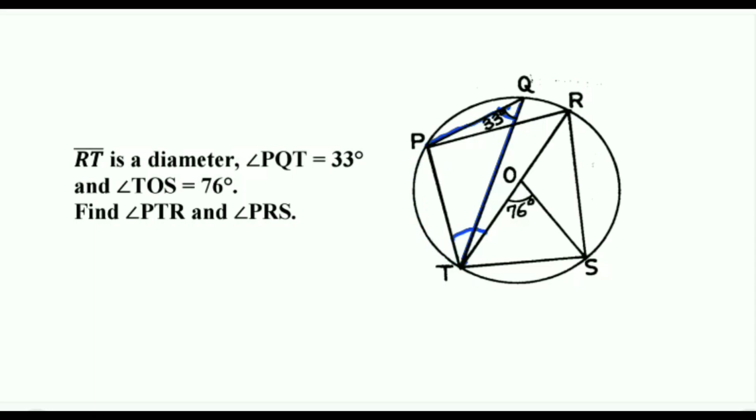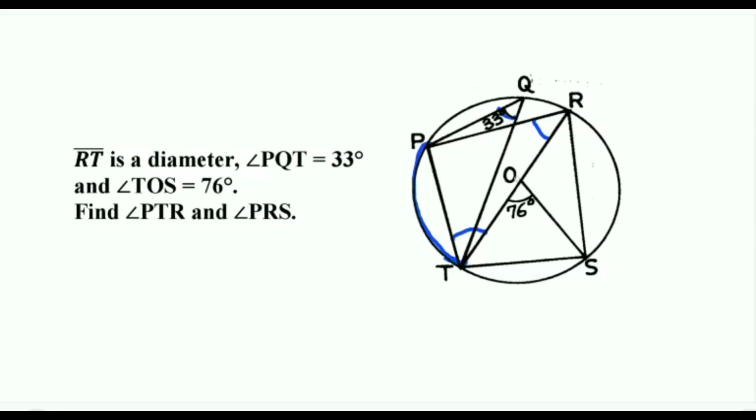Now let's pay attention to other information in this question. Consider this angle here too. This is an angle formed on the circumference of the circle, and the root of this angle is the same root, P and T, and this is the arc that subtended it.